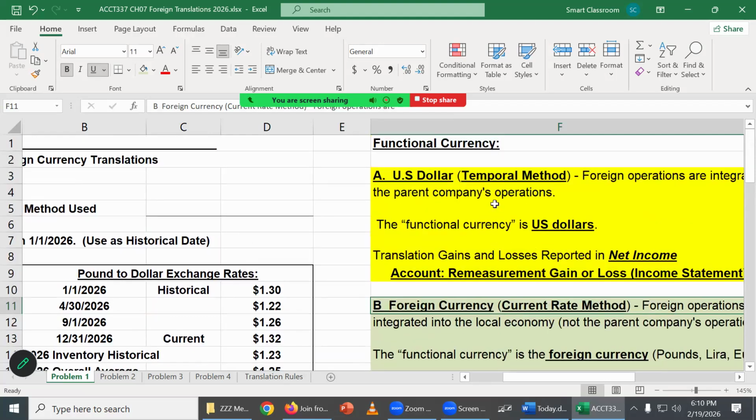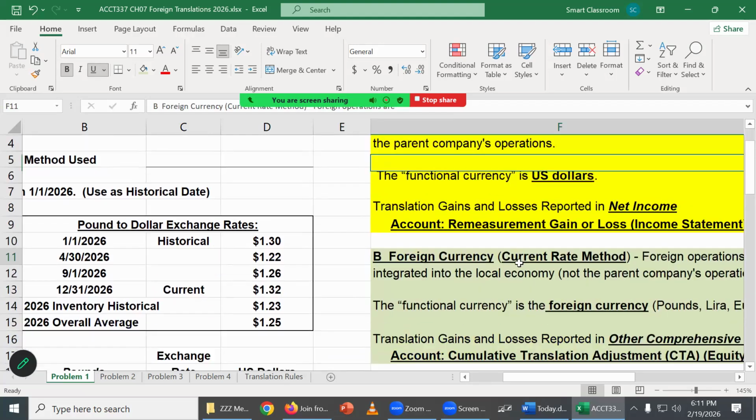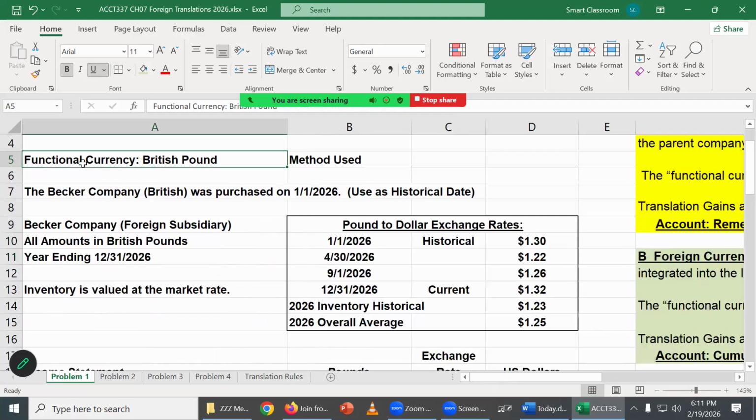So which method are we going to use? The temporal or the current rate? Current rate. This one is in British pounds, and the method used will be the current rate.